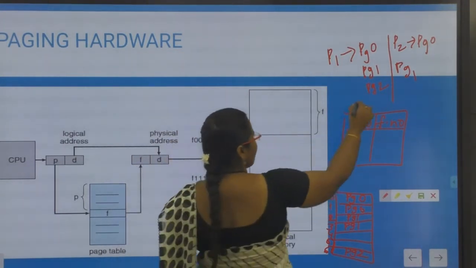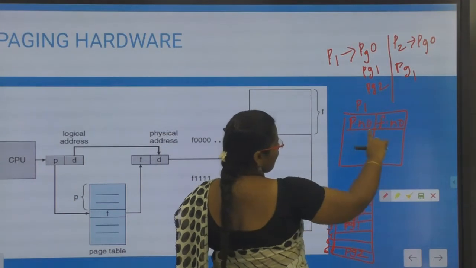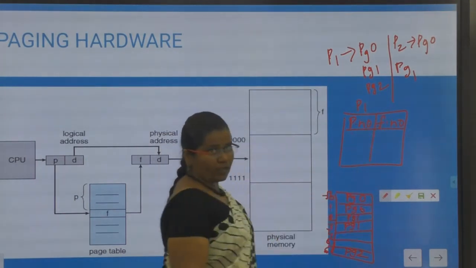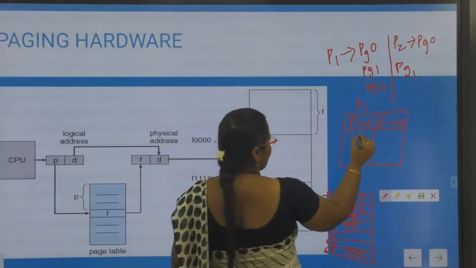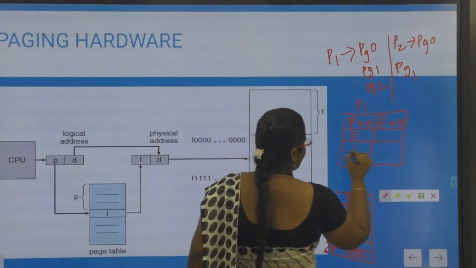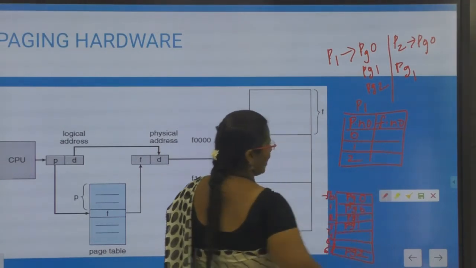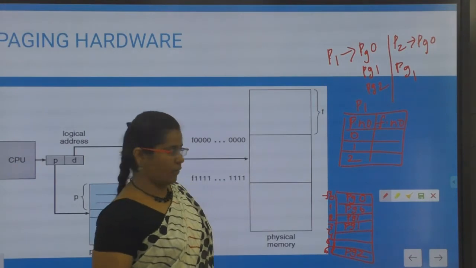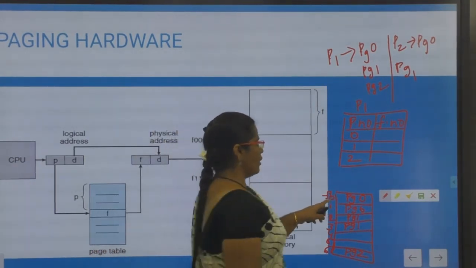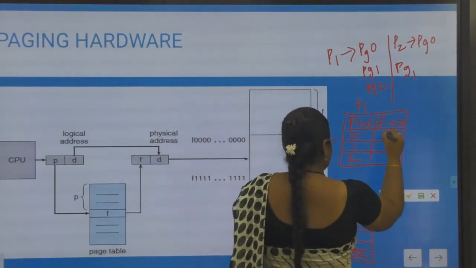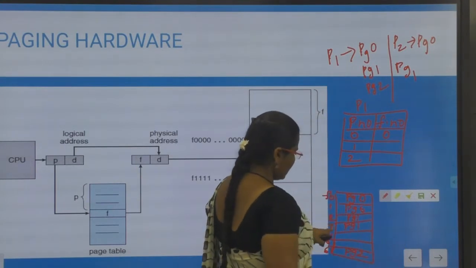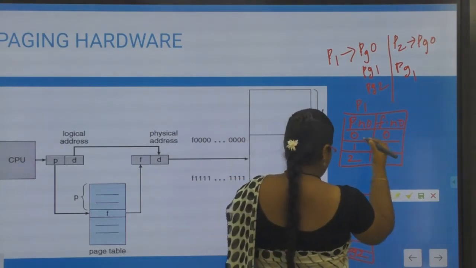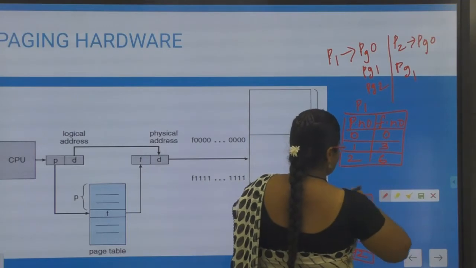The page table for process 1 will contain the page number and its corresponding frame number. So for page number 0, 1 and 2, I'll have a page table for process P1. Page 0 of process 1 is in frame 0, page 1 is in frame 3 and page 2 is in frame 6.